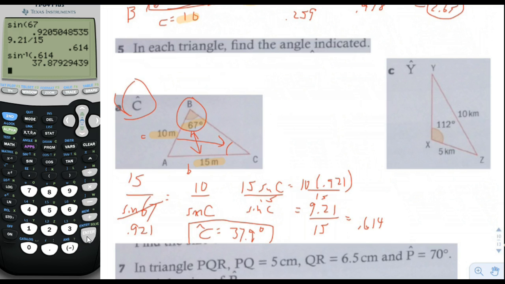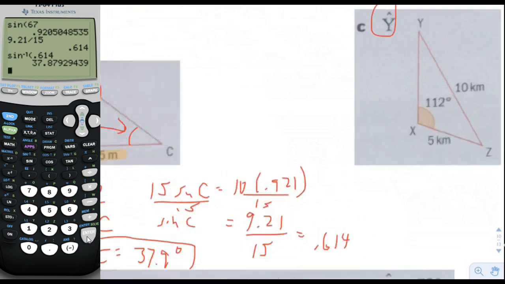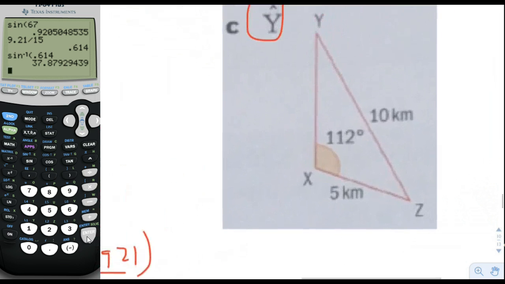Angle C. Now we want to know angle Y of this triangle. Let's see. So let's try just using the letters they gave us. You know, we're probably pretty used to the sine rule by now. So this would be small x, and this would be small y.